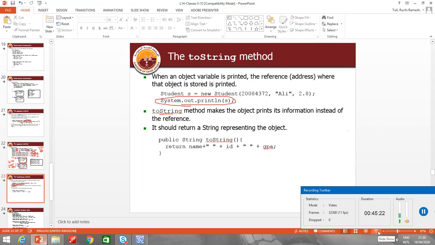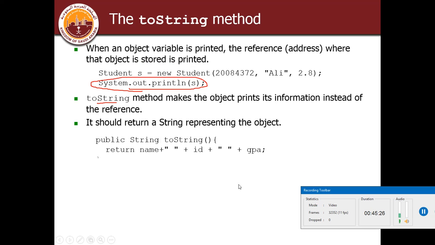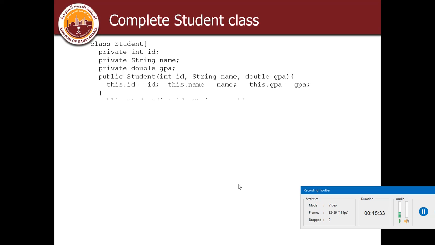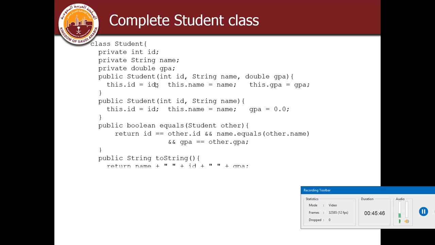Alright, so we can make use of the toString method. So here is a complete student class. We have a class Student and we have three variables, ID, name and GPA, and we have created two constructors. The first constructor takes three parameters, the second constructor takes two parameters.